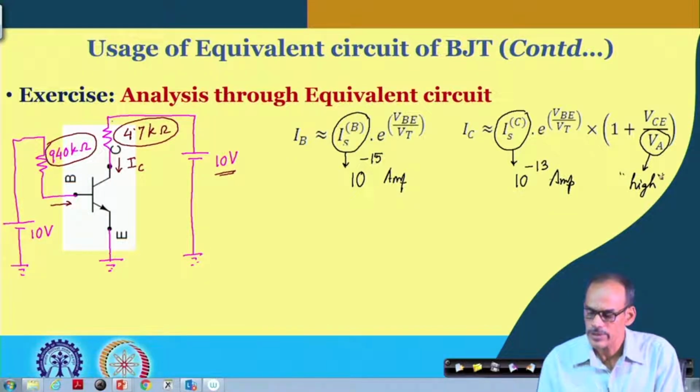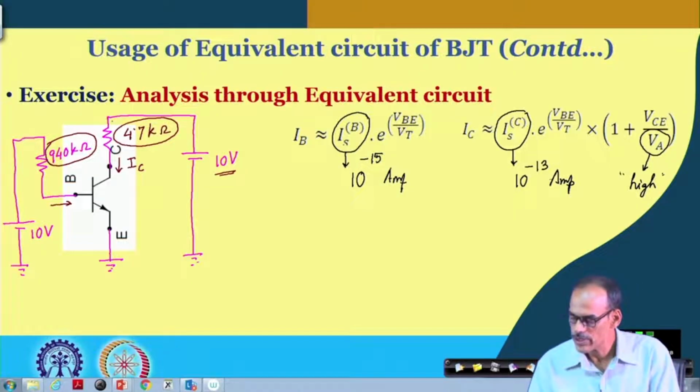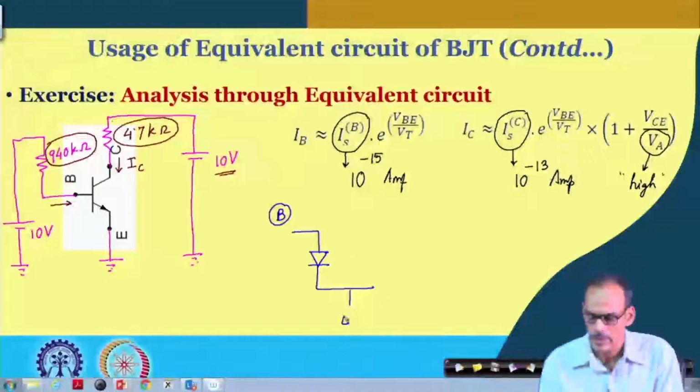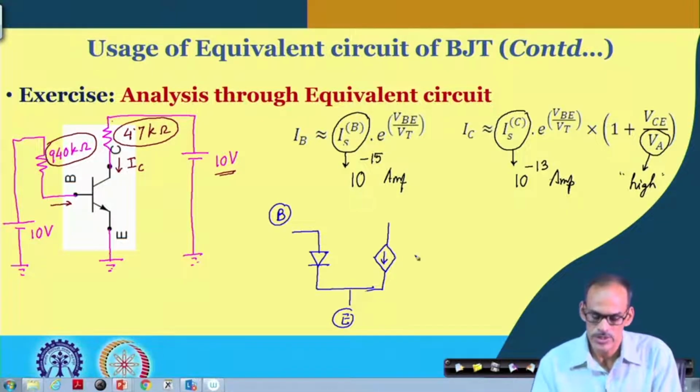Now, with this condition how do you proceed? We already have discussed the equivalent circuit. So, let me draw the equivalent circuit of the transistor. We have the diode connected between base and emitter, and then we have the current controlled current source, assuming that the device is in the proper region of operation.